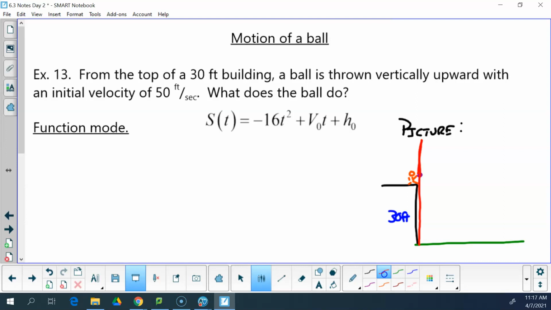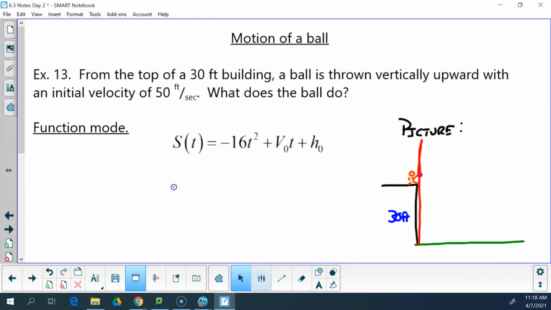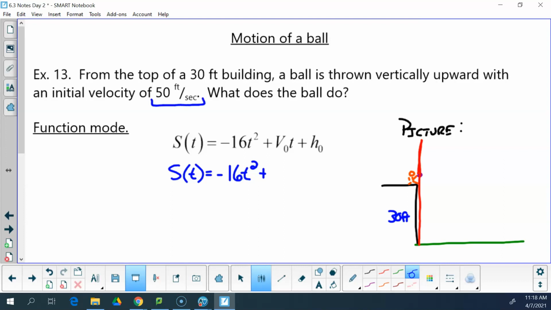So, in function mode, the function that we have there, we could say that S of t, so that's the position function, S of t, is negative 16 t squared plus, well, my initial velocity was 50, and my initial height was 30.